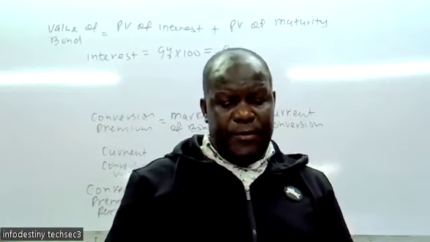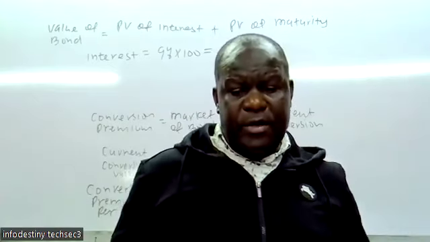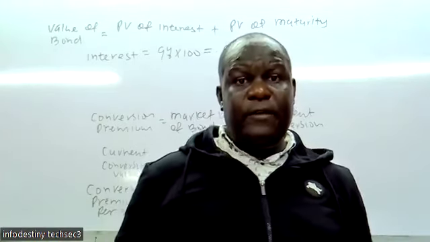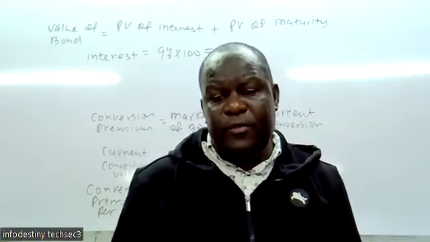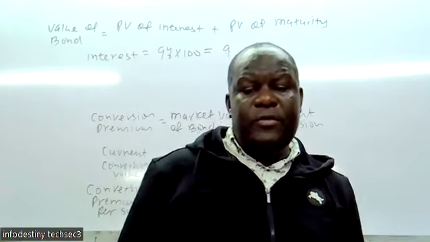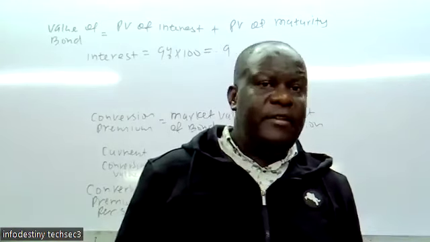They include number one, cost of equity. Number two, cost of the preference shares.